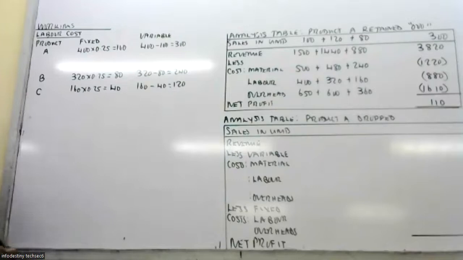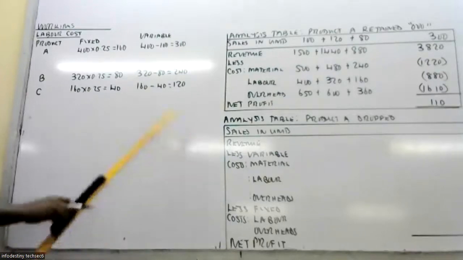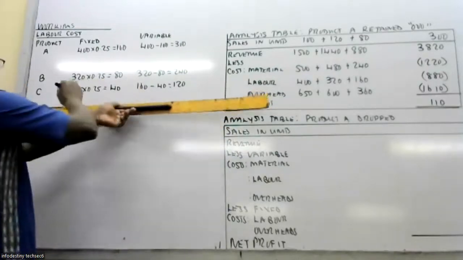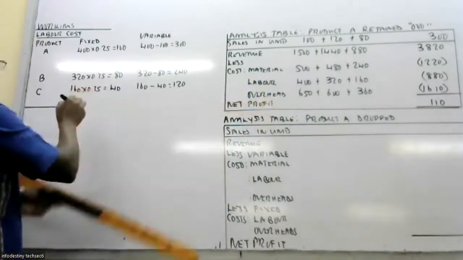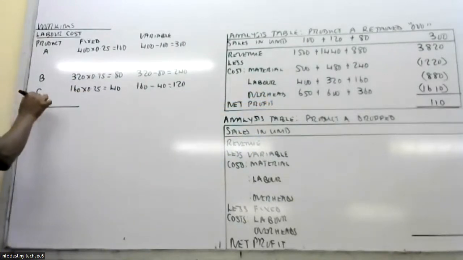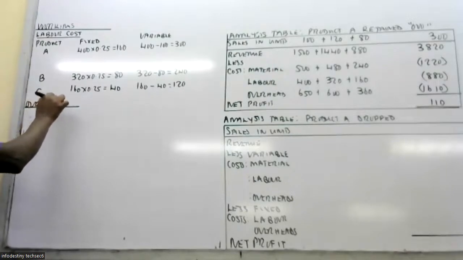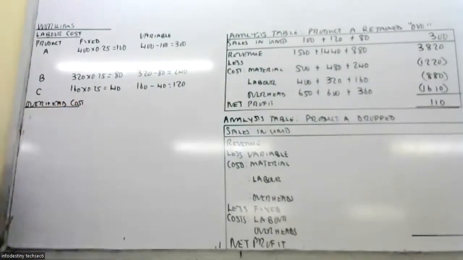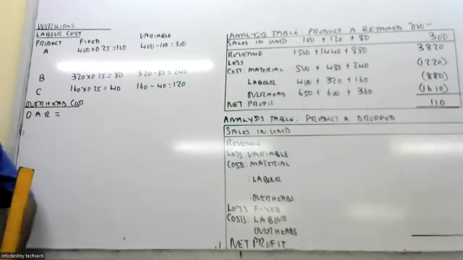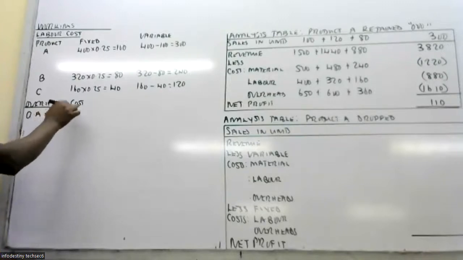Okay, let's go to the other one that is mentioned, overhead costs. Now, in the overhead costs, we will need to get the overhead absorption rate. If you look at the situation information number gani, and you see that is talking about overheads, it is saying 900,000 are fixed.